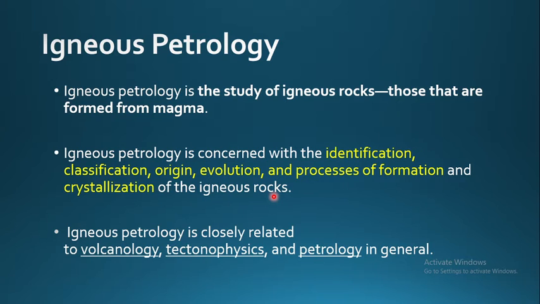We need to identify various igneous specimens or igneous rocks. This prior knowledge of igneous petrology will help us, and also in classifying. We need to classify whether it is a hypabyssal rock or a plutonic rock or mafic, ultramafic, whatever it may be. We classify rocks based on the formation, the depth, the various structures, etc. Then origin and evolution: various rocks evolve into various forms and have various origins also. Then the process of formation: these are mainly formed due to the melting of rocks in the earth crust.